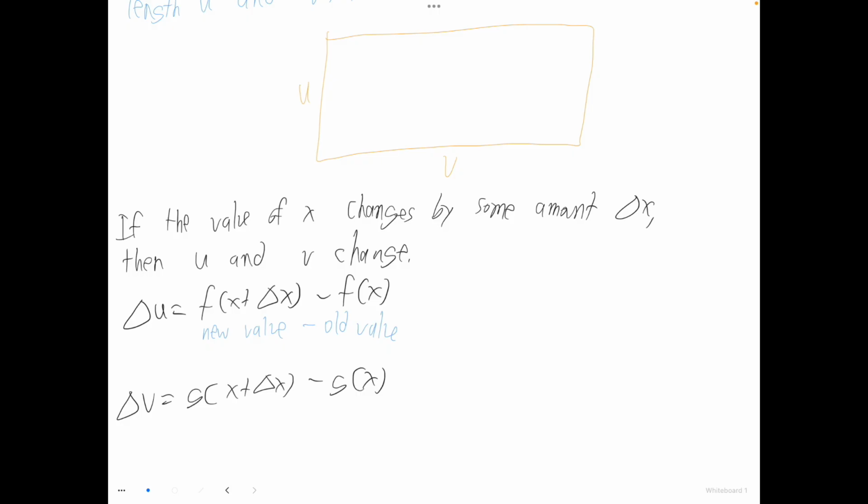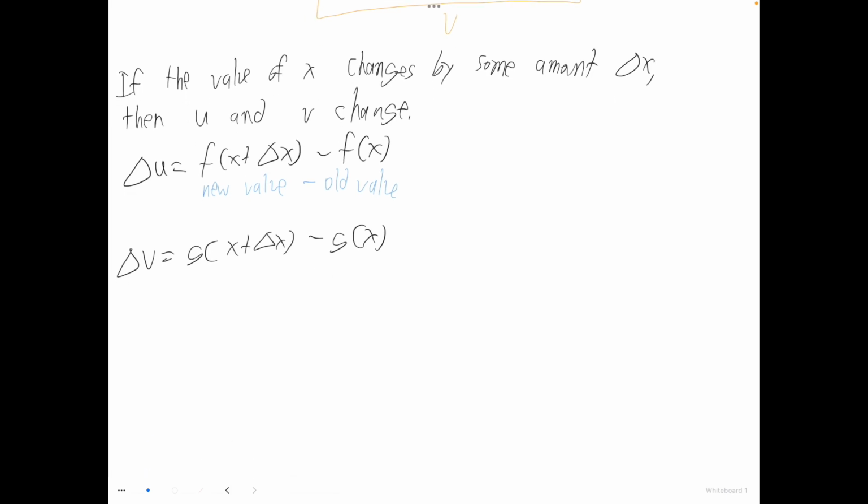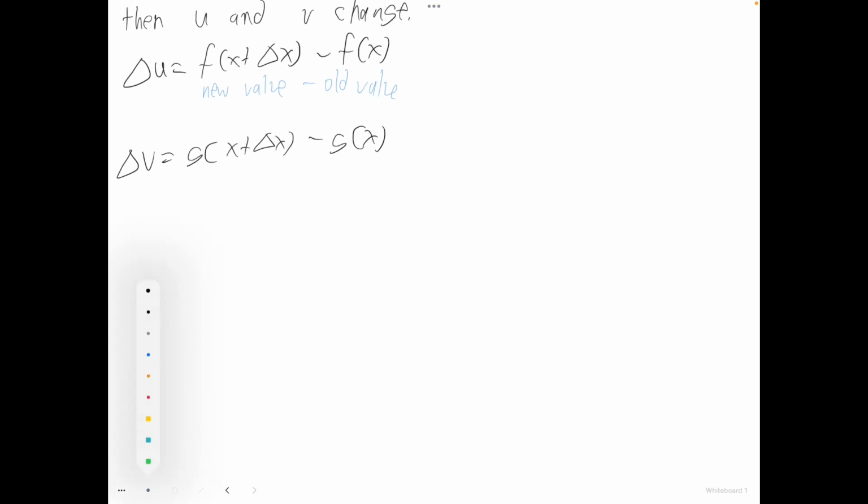So these are just the change in u and v. Now if we think about our picture, we're going to have a new rectangle, and the length of this rectangle is going to be u plus delta u, the amount it was plus how much it changed, and then v plus delta v.